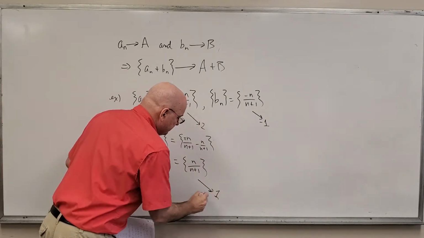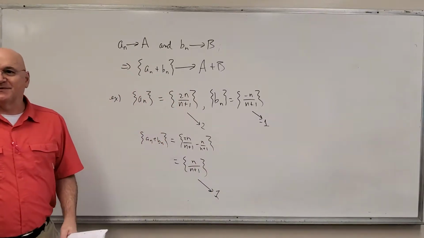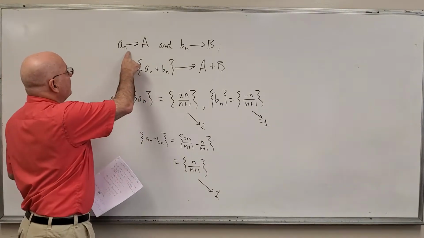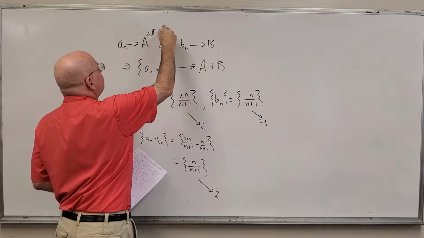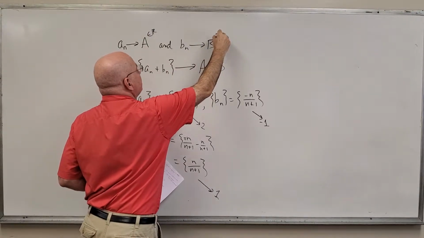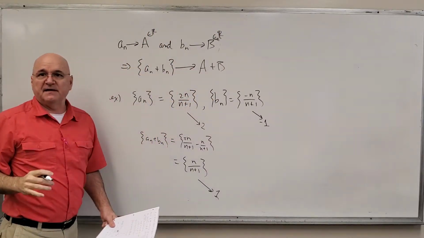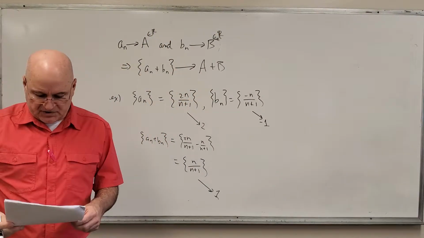So as expected, that's one example showing that the theorem works. Now remember, a has to be a real number, and b has to be a real number as well. They can't be approaching infinity or negative infinity or a divergent sequence of any form.